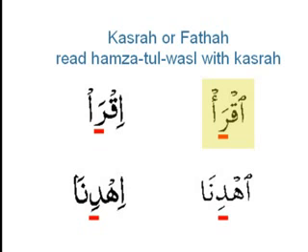So we're going to read the Hamzatul Wasl as if it's got the kasra underneath it. So that's going to be Iqra. And again, it's a short half sound on the ra because the next letter is a hamza with sukun. On the left-hand side, we've got the same in the Majidi script, and again they've put in the kasra to help us along.